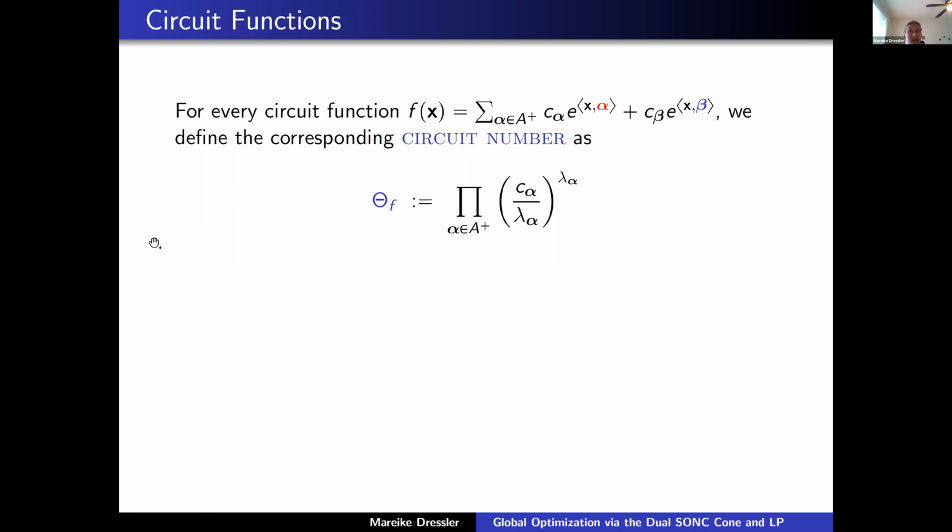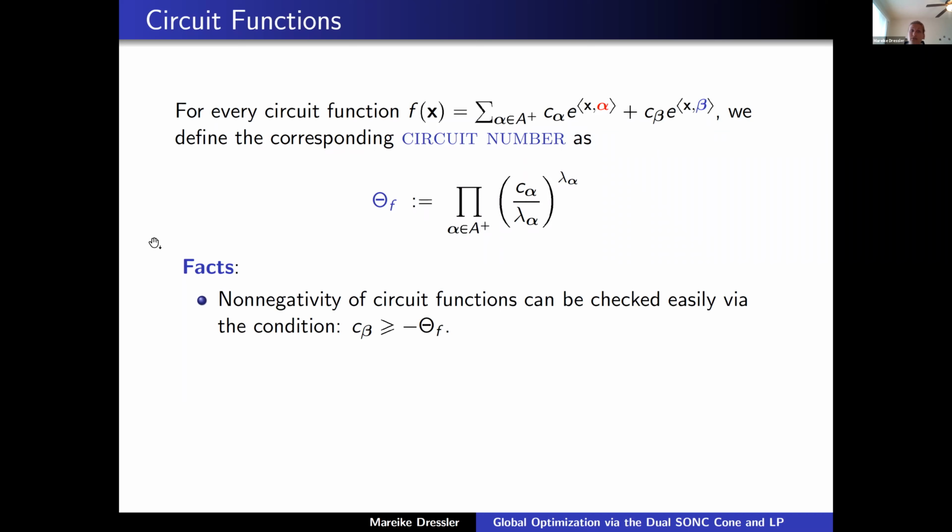Therefore, this number can be derived from the initial circuit polynomial immediately. And the crucial fact now is that non-negativity of the circuit functions can be checked easily via this number, namely only via this condition: the coefficient corresponding to this interior point is lower bounded by the negative of the circuit number. And by easily here, I really mean we only have to solve a system of linear equations.